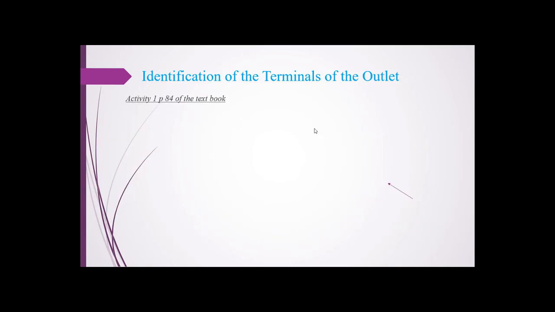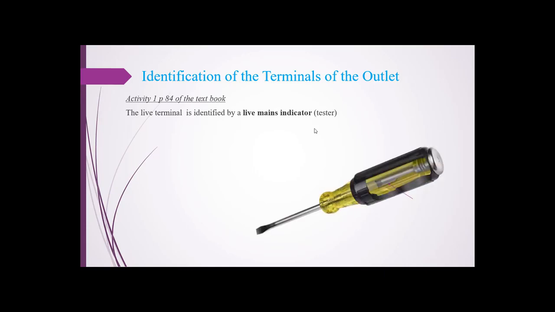In this activity, we'll use a device called live mains indicator or tester. Let's check the parts of this device. The tester or the live mains indicator has 3 main parts: the metallic head, the neon lamp, and the metal cap.